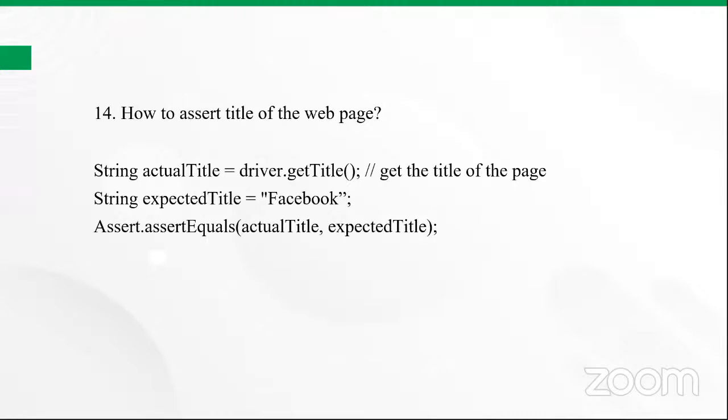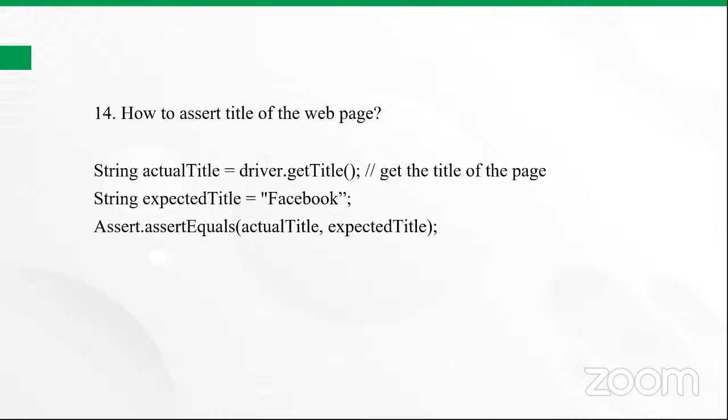I think we have one more question in the chat window: is it a Boolean or not? You mean whether assertion is a Boolean, or whether the return type is a Boolean? It will compare the actual title and the expected title.